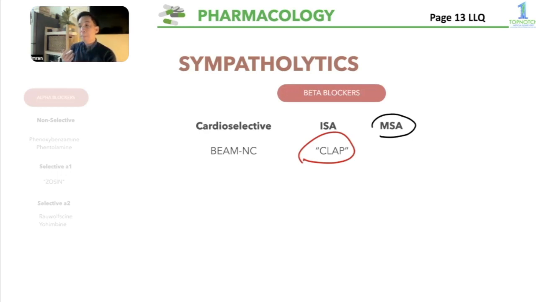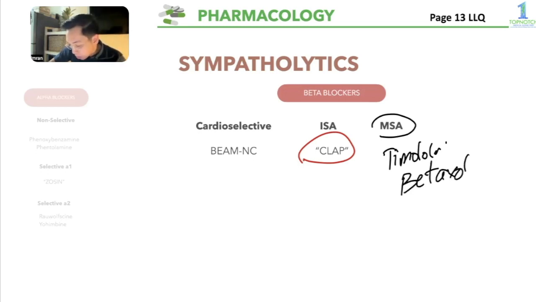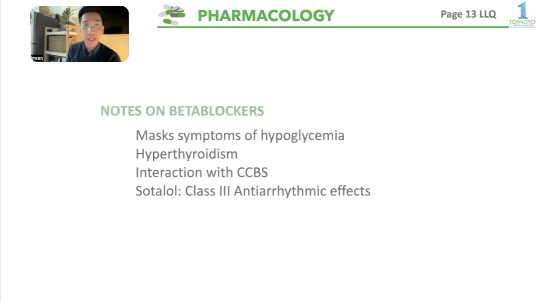So nagkakaroon ng corneal abrasion. Hence, yung mga beta blockers na pwedeng gamitin for topical eye drops would only include timolol and your betaxolol, no? Betaxolol. So these are the only two na walang membrane stabilizing activity. Hence, best silang gamitin for your topical eye drops.